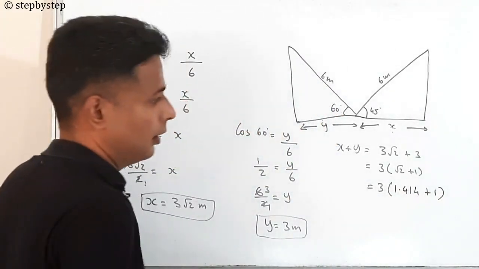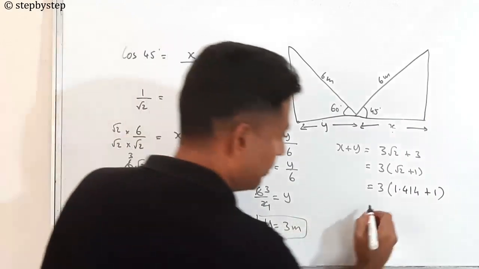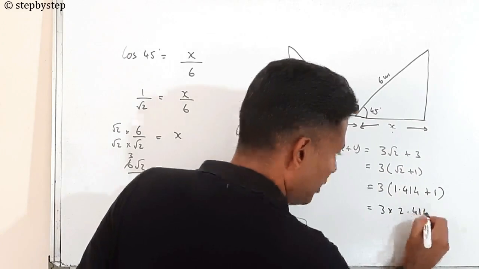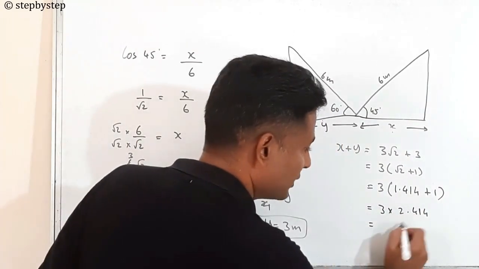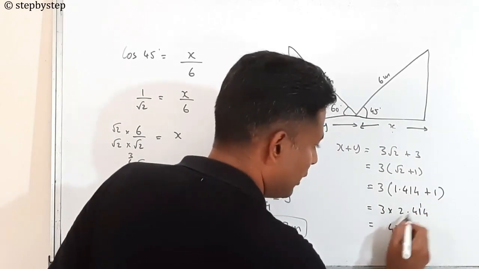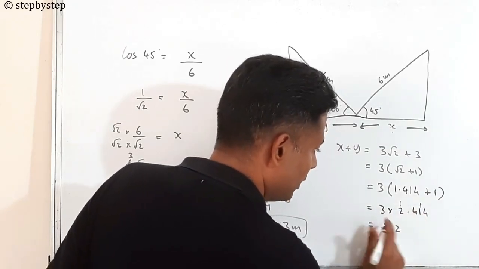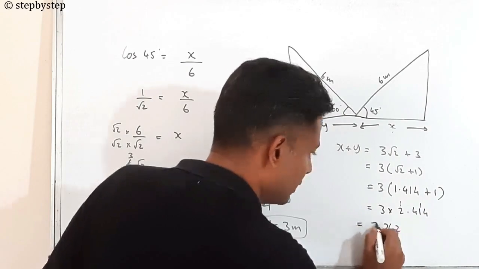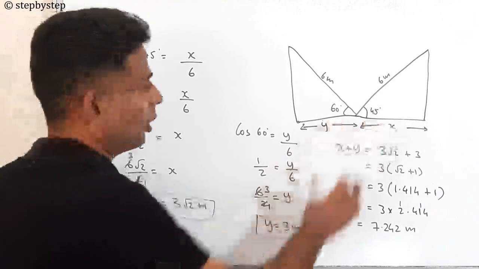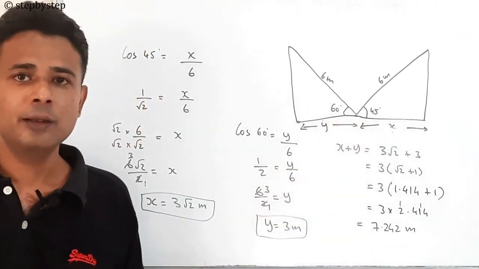So root 2 plus 1 is 2.414, so we get 3 into 2.414. 3 fours are 12, 3 ones are 3, so we get 7.242 meters. So the distance between the walls is 7.24 meters.